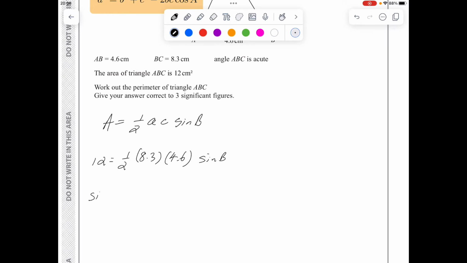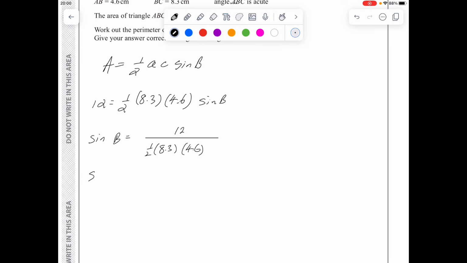So sine of B is equal to 12 divided by 1 over 2 times 8.3 times 4.6. Put this on the calculator and you'll get sine B is equal to 0.6286 and so on.